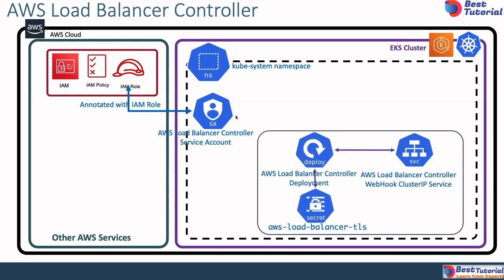And the next thing here is, whenever you deploy your load balancer controller, it will create a deployment which eventually creates the pods related to this load balancer controller. In addition to that, it will also create a load balancer controller webhook ClusterIP service, and it will also create an AWS load balancer TLS related secret.